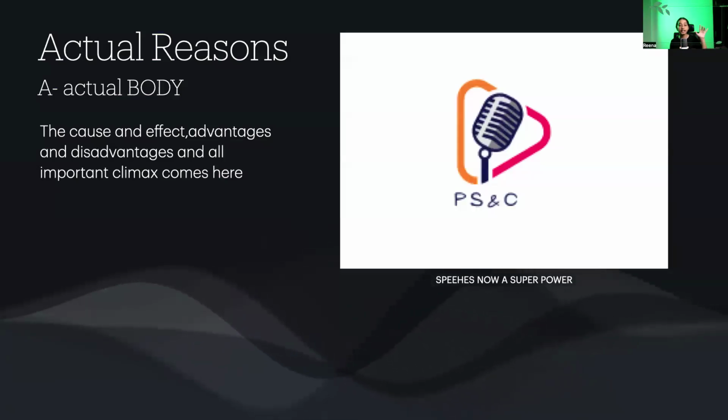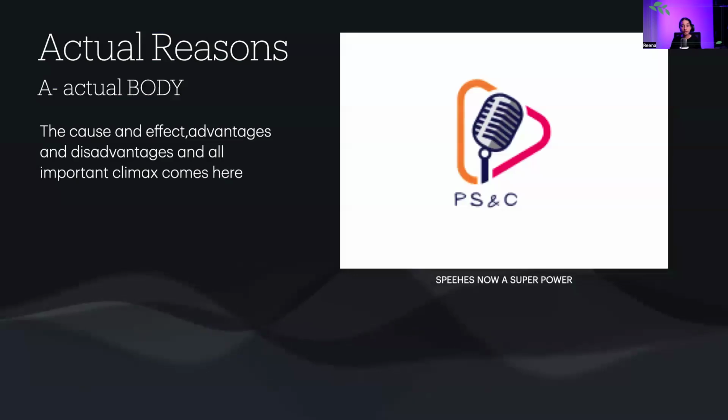Everything comes in this part. And your actual reason must be concise, clear, and well structured because the audience doesn't like alphabet soup. So we need a proper actual body, well structured and formed.